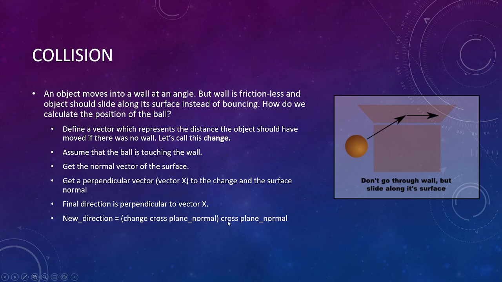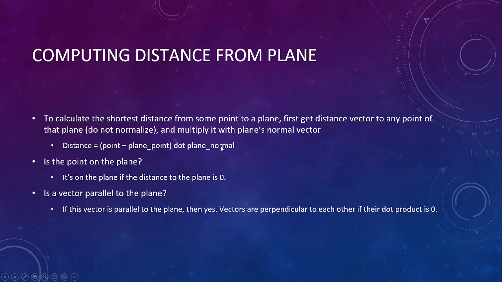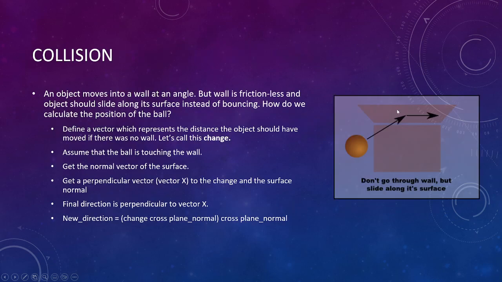So ibang direction is the cross product of the change and the plane normal, and the cross of that and the plane normal again. Yeah, bit complicated.